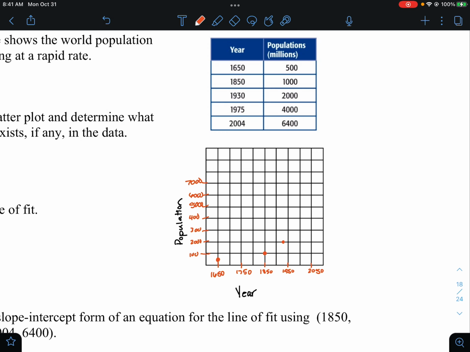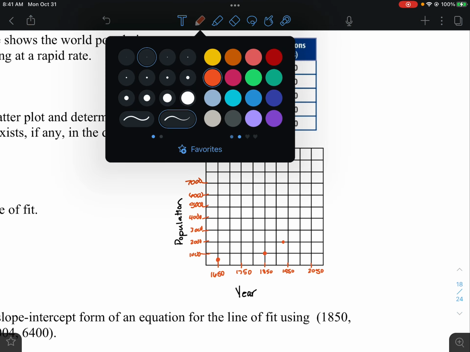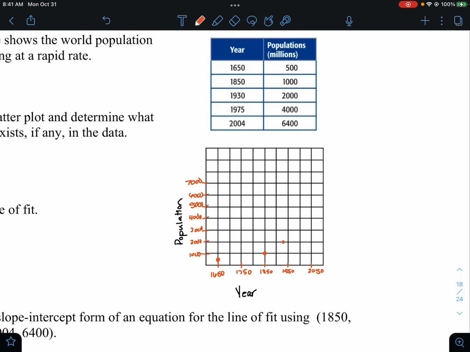And I did that a couple times here. And there's 1,000. Okay. So then we did 1930, 1975. Wow, that's a big jump. And then 2004. We're up to almost 6,500.